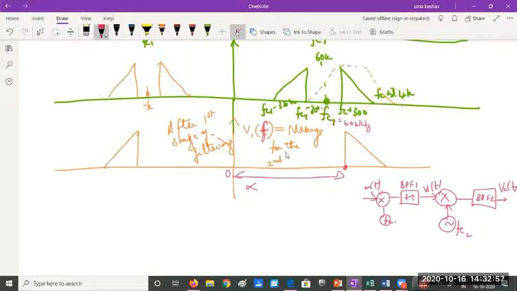So if this was 60 kilohertz, where would this be now? 60.3 kilohertz, right? This is 60K plus 300 hertz, which would be 60.3 kilohertz this side and 60.3 kilohertz the other side.